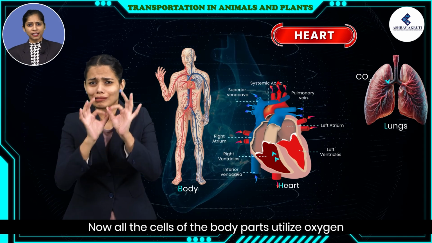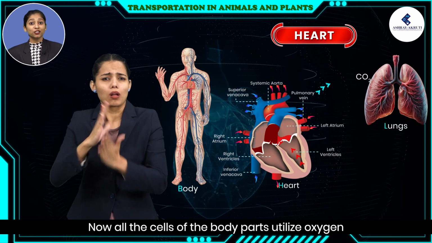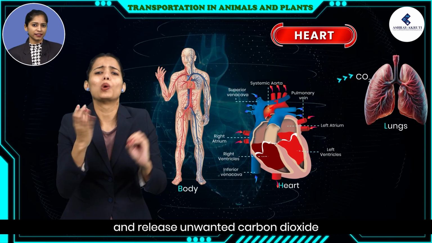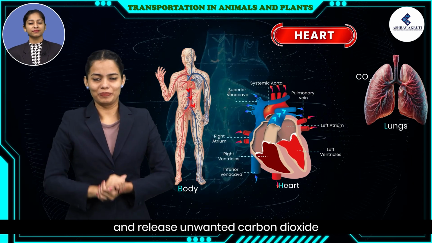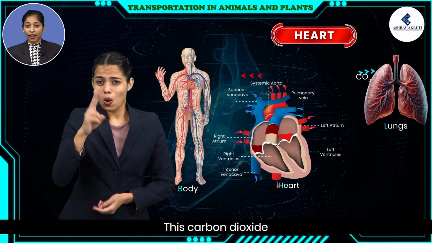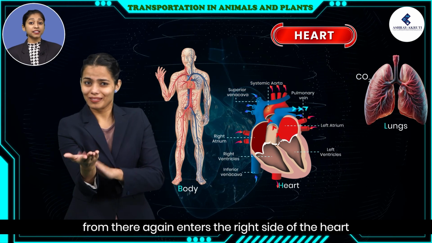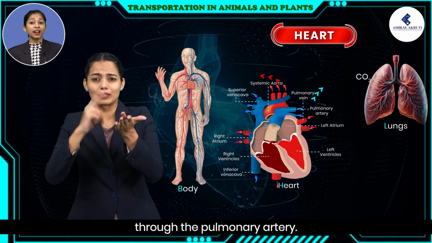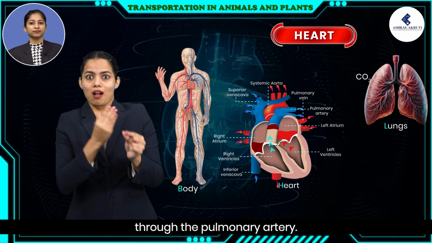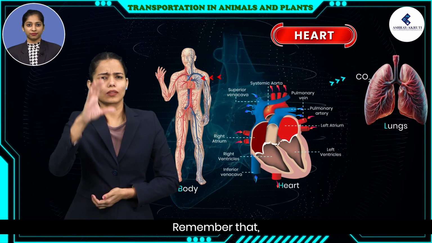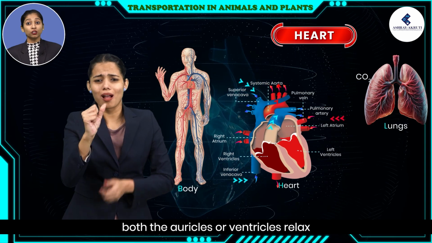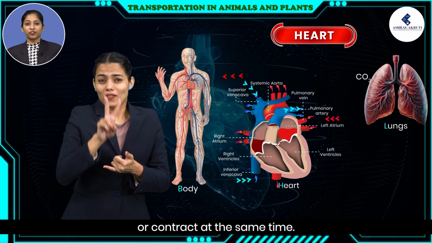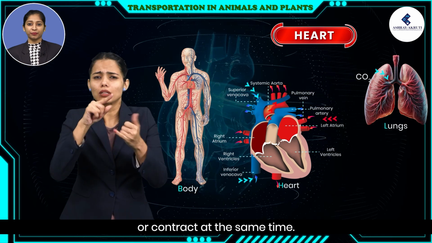Now, all the cells of the body parts utilize oxygen and release unwanted carbon dioxide. This carbon dioxide from there again enters the right side of the heart through a pulmonary artery. Remember that both the auricles or ventricles relax or contract at the same time.